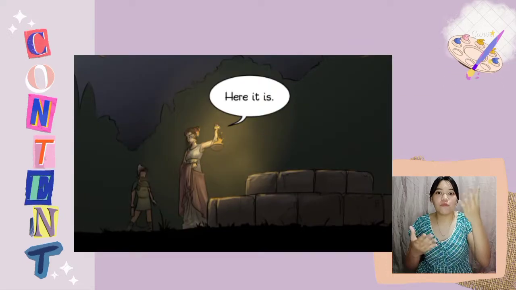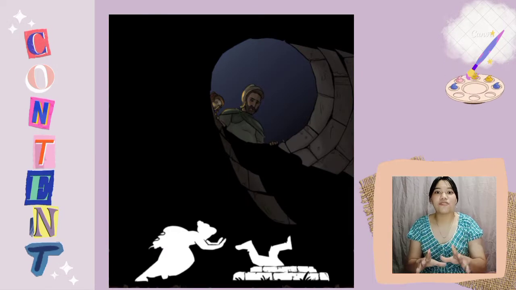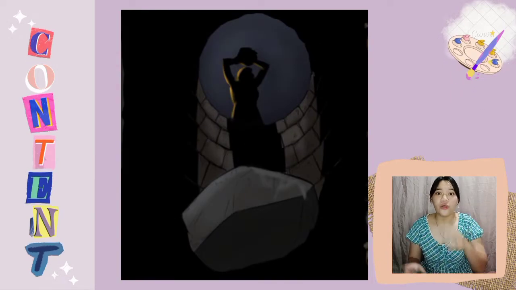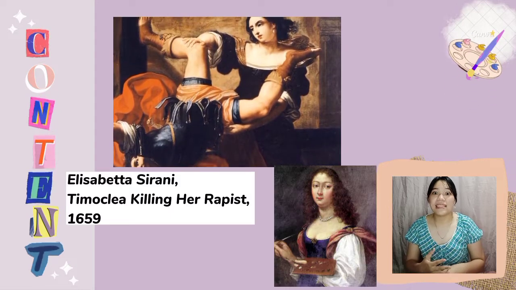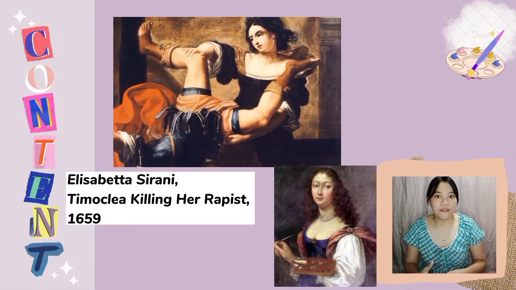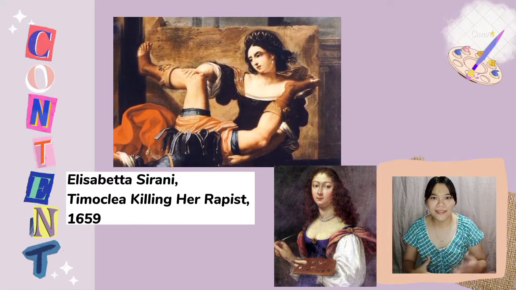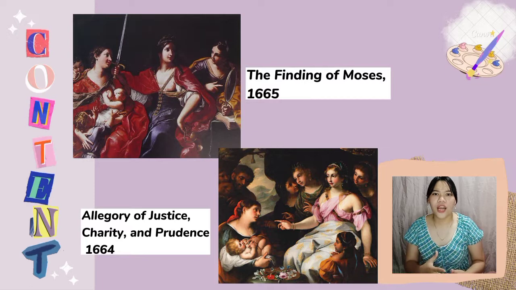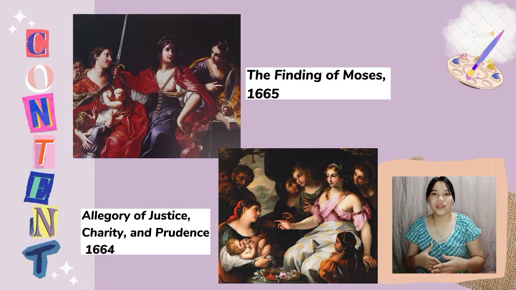Then she leads him to the garden well, and Timoclea then pushes him and drops heavy rocks down the well until he dies. This was painted by Elisabetta Sirani in 1659 before she mysteriously died when she was 27. Her works foreground female fortitude and empowerment.